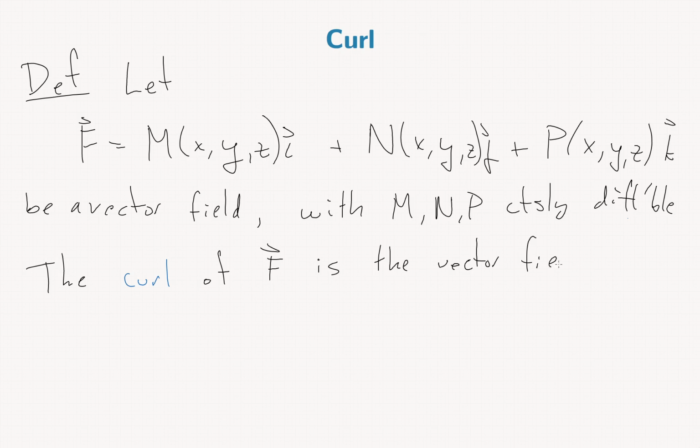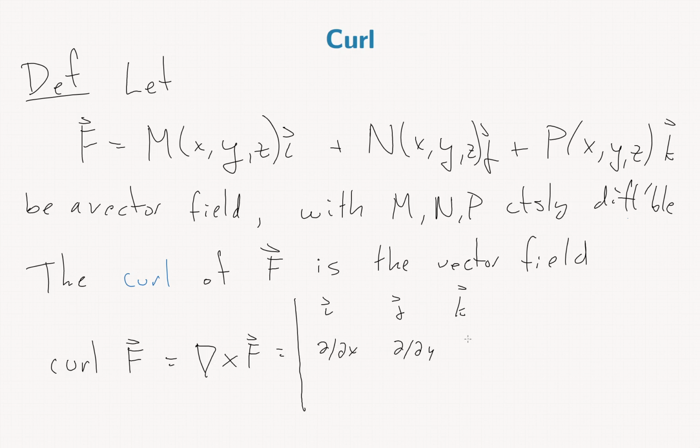We'll either denote it by curl F, written out like this, or nabla cross F, which is a helpful mnemonic. Using, again, this slight abuse of notation where nabla is the vector ∂/∂x, ∂/∂y, ∂/∂z, and we put M, N and P here.